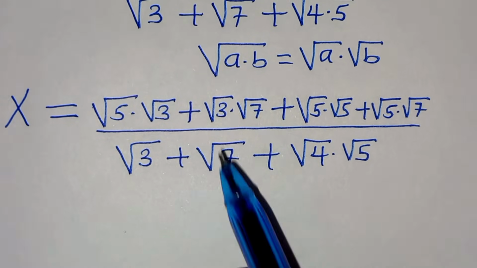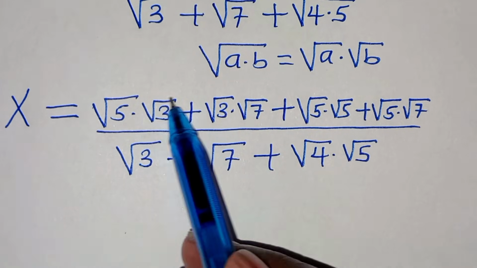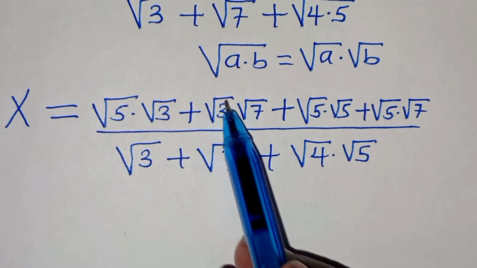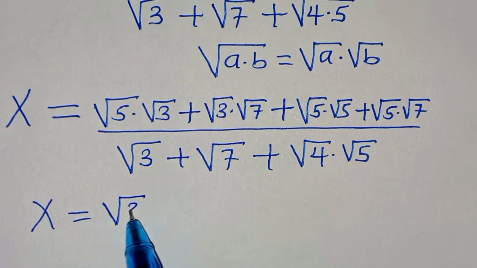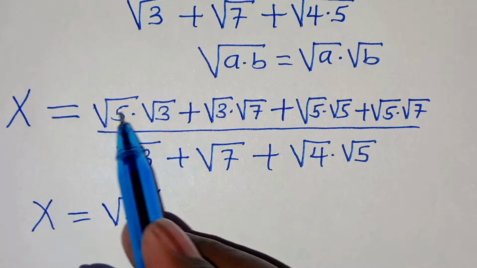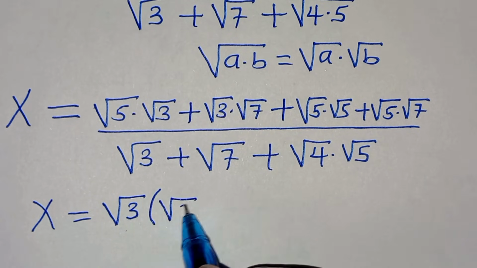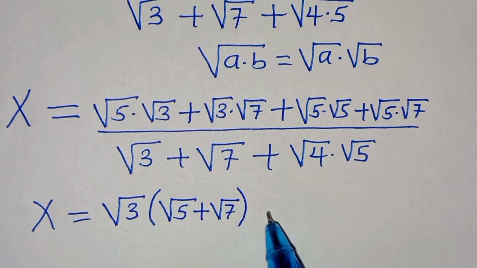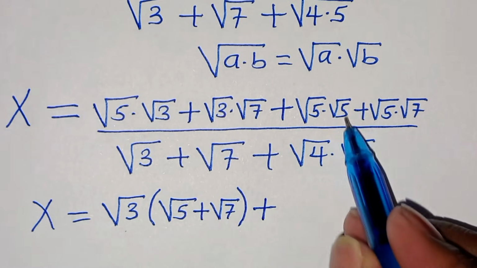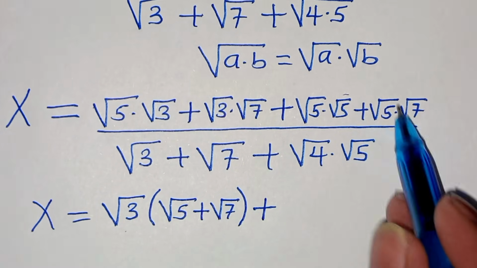Now, if we check this particular part here, we have square root of 3 and square root of 3 here. So this means that we can factor out square root of 3 into the parentheses. This is square root of 5 plus square root of 7. Close the parentheses, then plus, here we have square root of 5 and square root of 5 here.